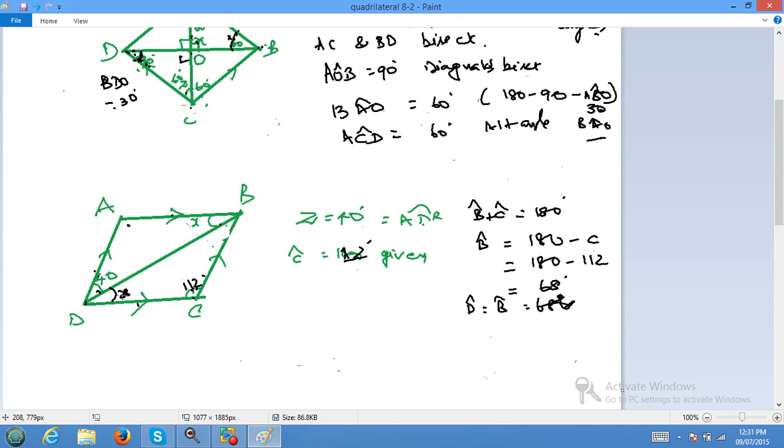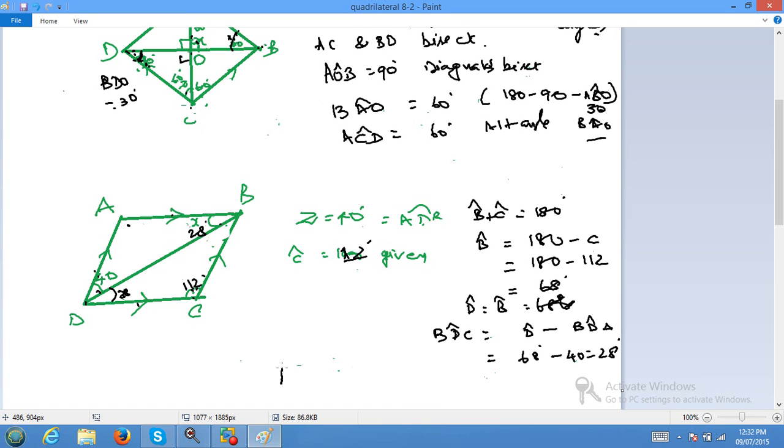So 40 plus 28 is 68. This angle we know. Now he says, what is this x? Angle BDC is equal to angle D minus BDA, which is 68 minus 40 is equal to 28.